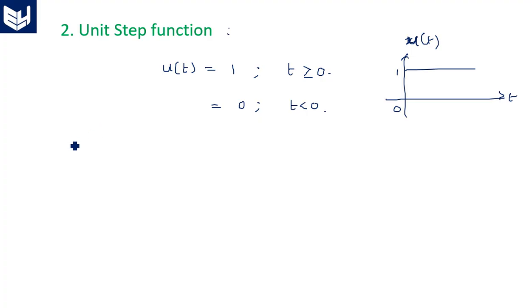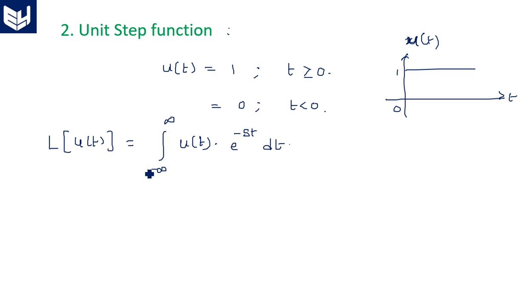Now coming to the Laplace transform of u of t. The Laplace transform of u of t is equal to the integral from minus infinity to plus infinity of u of t times e power minus st dt. As we are studying only one-sided signals, you can change the limits from 0 to infinity, as given in the question itself.